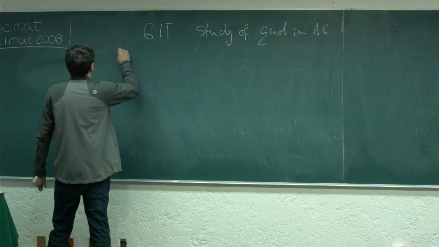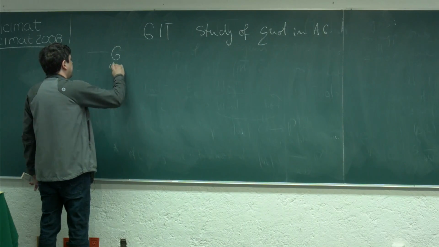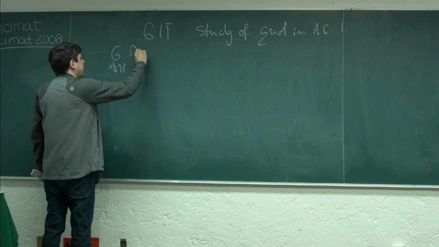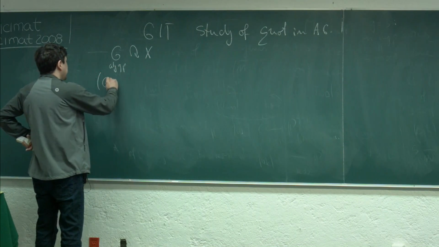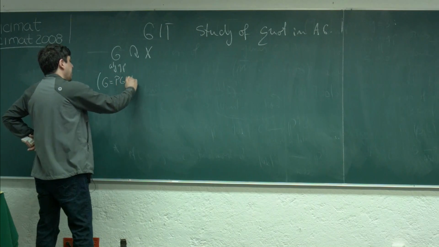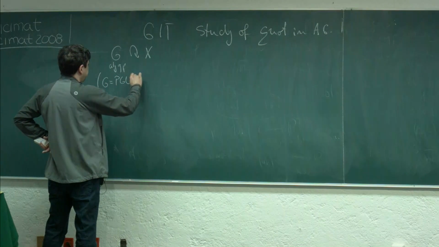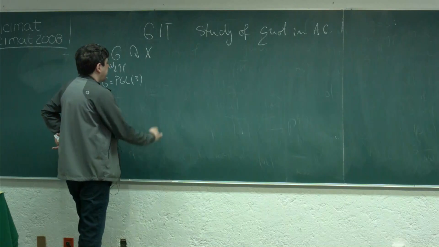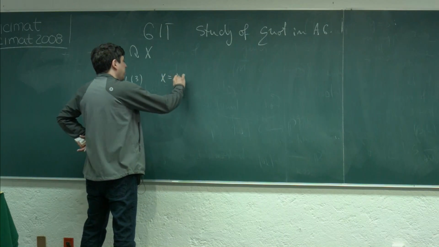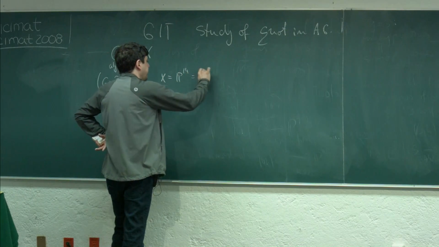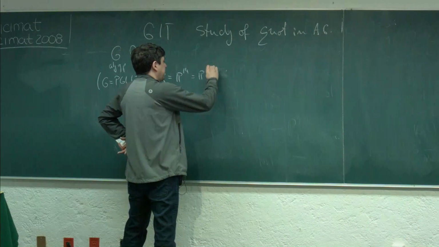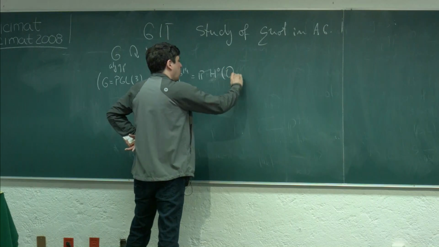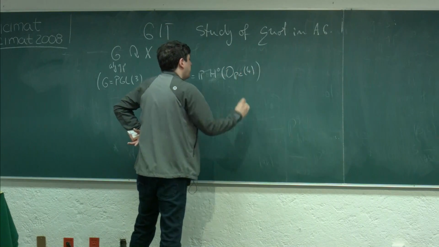The basic setup is that you have G, an algebraic group, acting on X. If you want, you can think of G as PGL3 acting on X, which is P^14, which is P of Sym of H0 of O of P2 of 4.